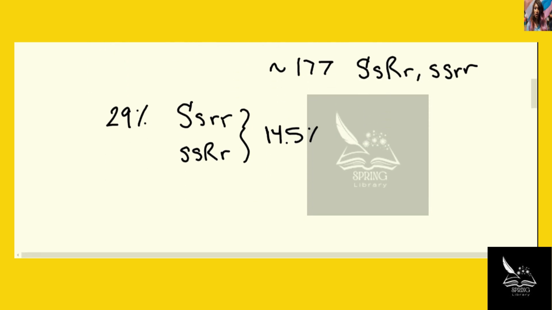So if we take 500 and multiply that by 14.5%, that means approximately 72 flies each will be of the heterozygous in one and not the other.